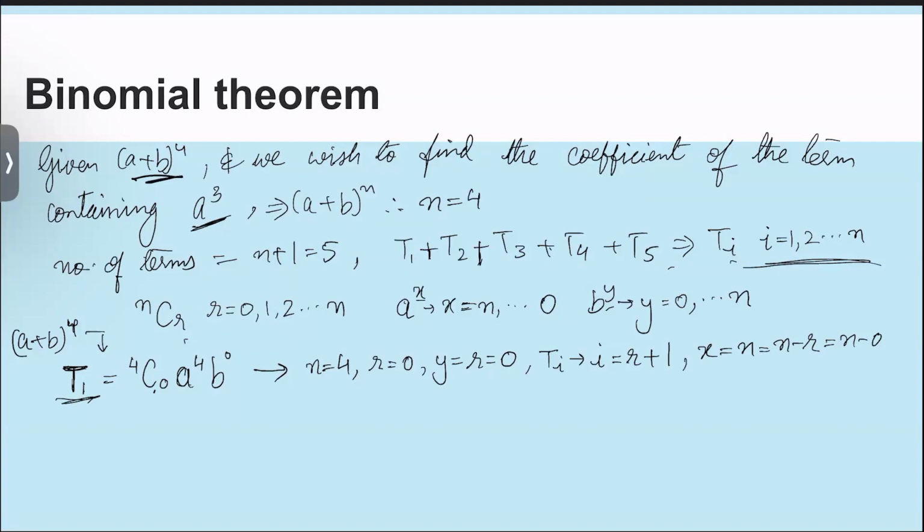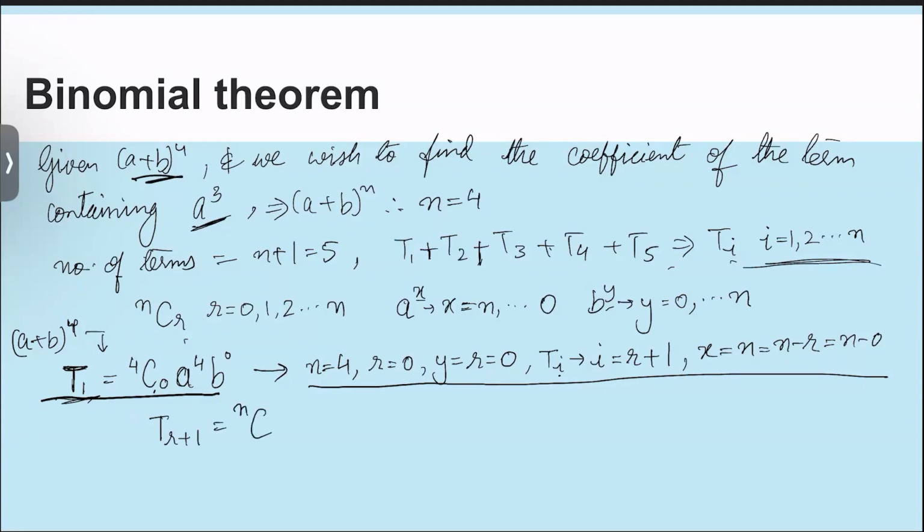So if you compare this with all of these, you can write a general explanation of any of the terms of the expansion. How do you write it? Your i is r + 1.